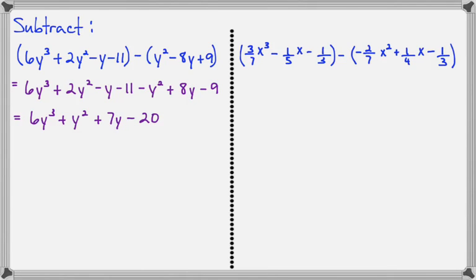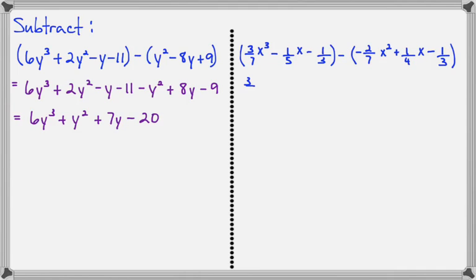Okay, one last example, and this one looks a little harder because it's got fractions in it, but you'll see it's really not that bad. The thing is, we don't have a lot of combining to do because we only have to combine like terms, so all these different denominators really aren't going to make any difference to us.